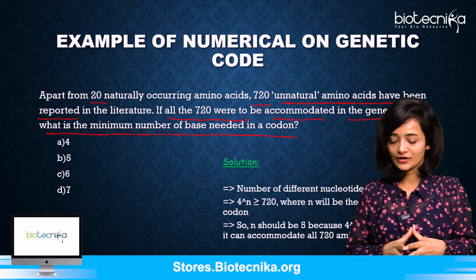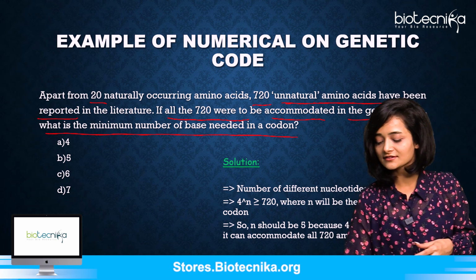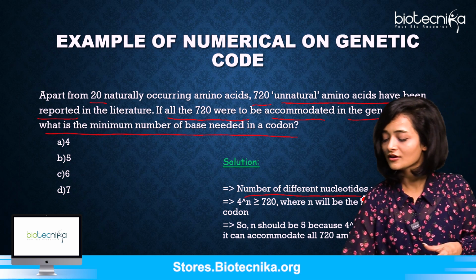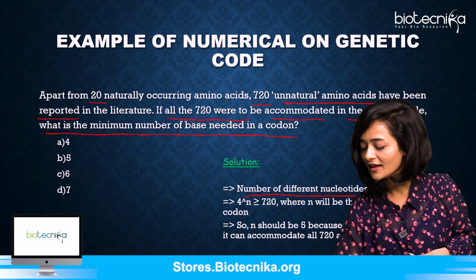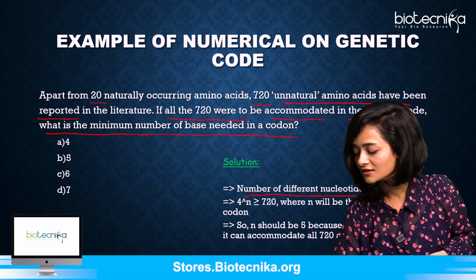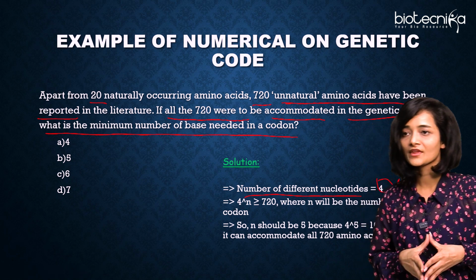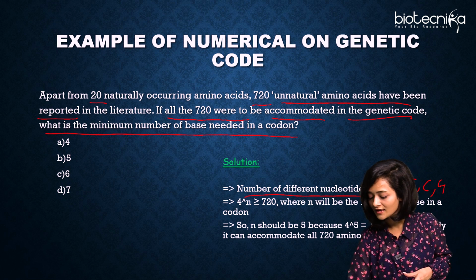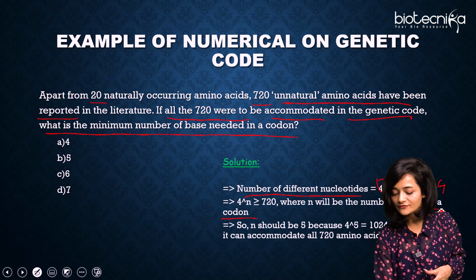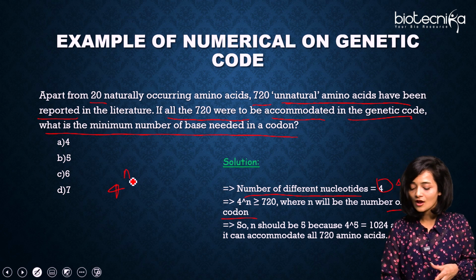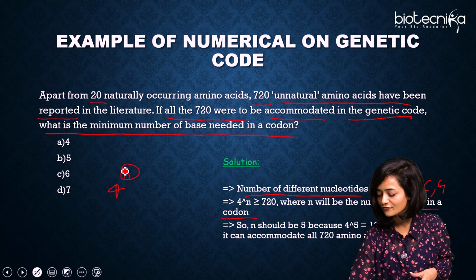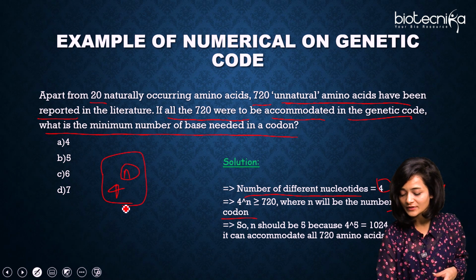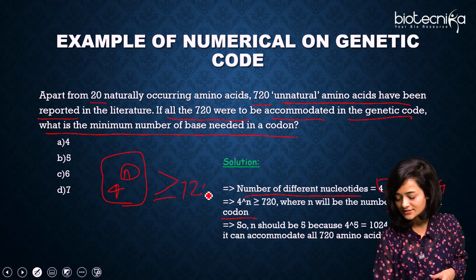So the solution is here. As we know, the total number of different nucleotides present is majorly 4 types, that is A, T, C and G. So if we need to calculate the number of bases in a codon, we can use the formula 4 to the power n, where n represents the number of bases in the codon, and the value of 4 to the power n should be greater than or equal to 720.